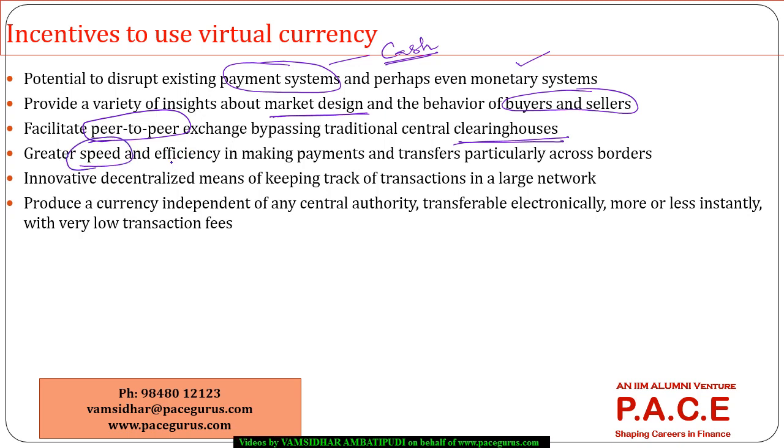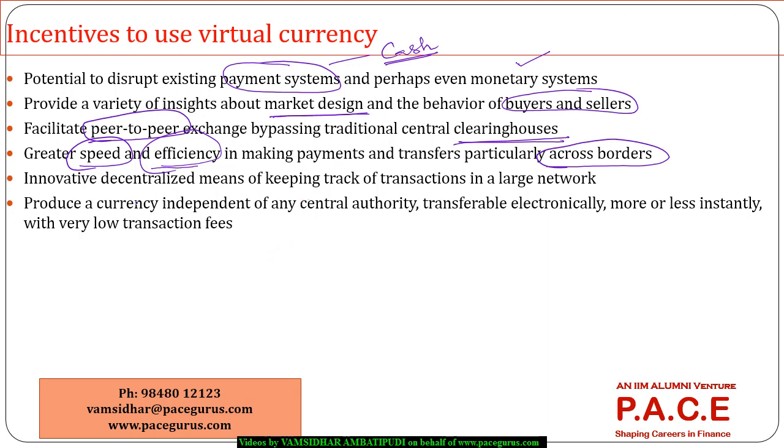The speed at which a transaction can be executed, it uses technology to the core. The efficiency in which the payments can be made is much more sophisticated. And probably all the transactions, I need not restrict myself to the local currency or domestic currency. Even the payments can be done cross borders quite comfortably.